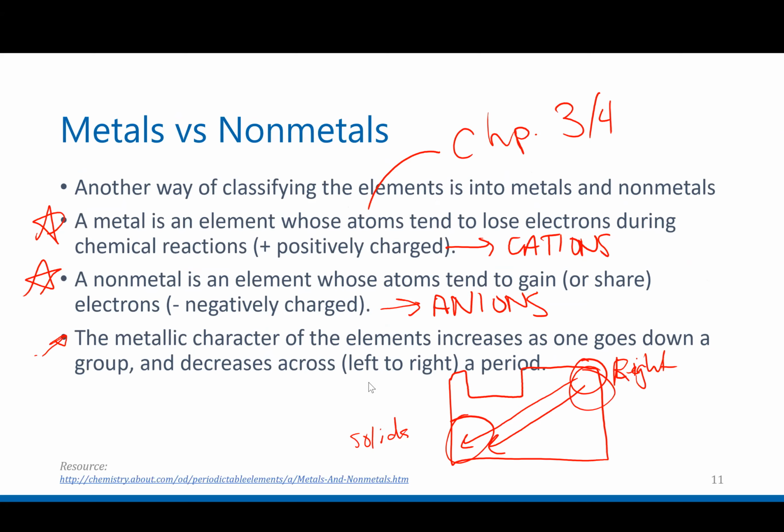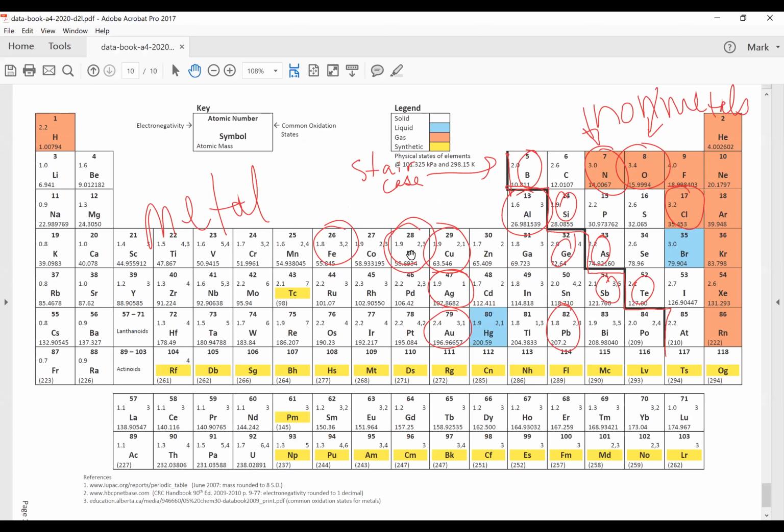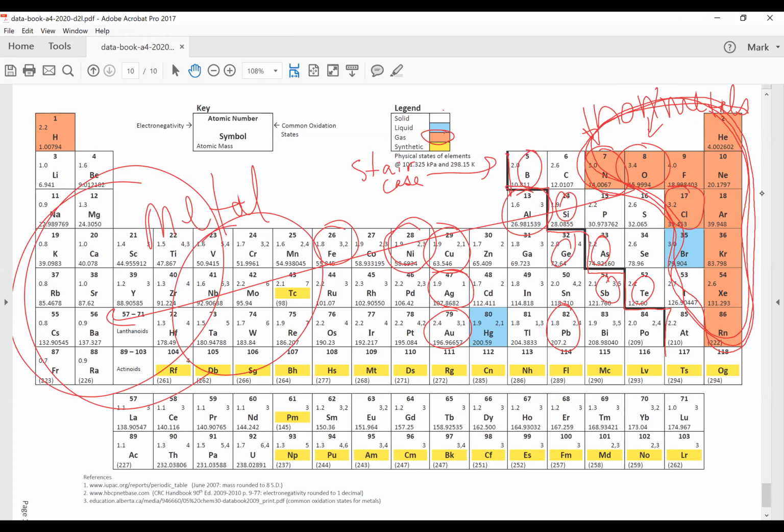If you look at this periodic table I have here, gases are pink, or whatever that color is. These guys over here are about as non-metal as you can get. They're all gases. But as I go this way, they're all solids. On this periodic table, all the solids are white, all the gases are pink.